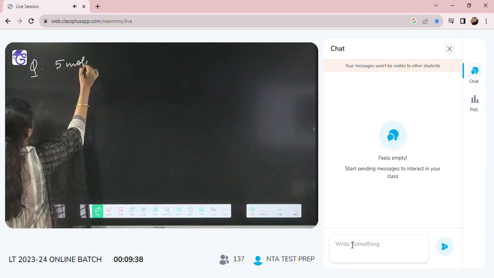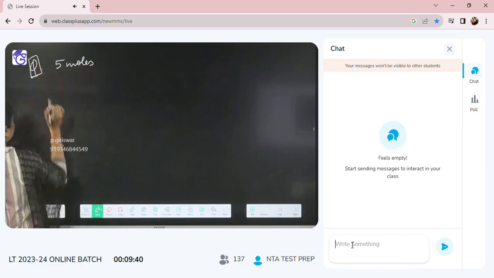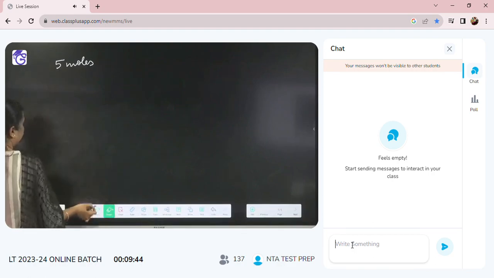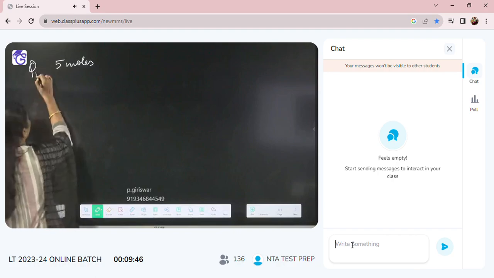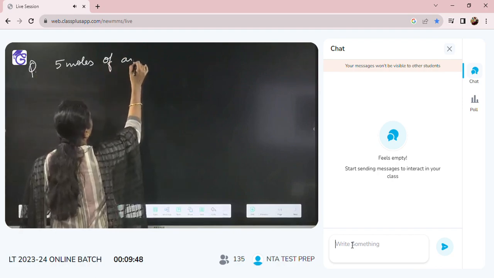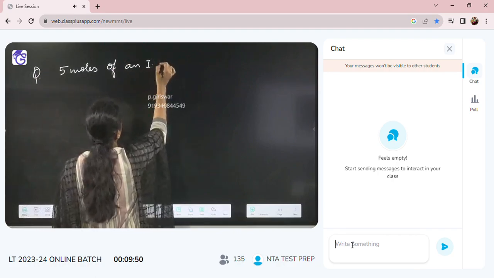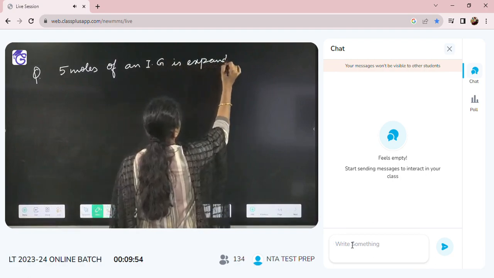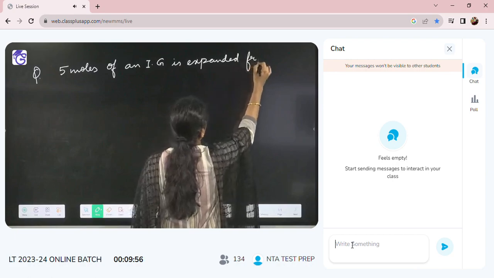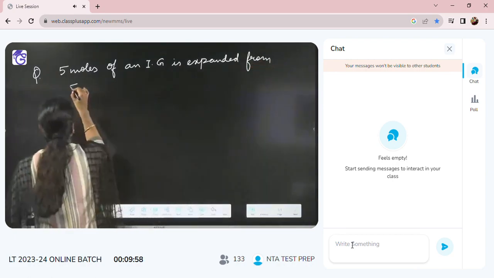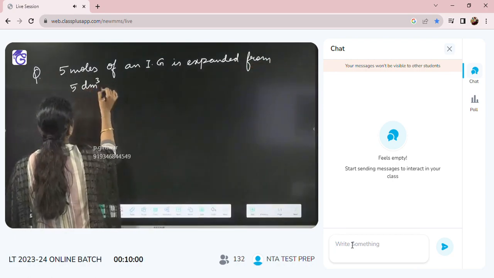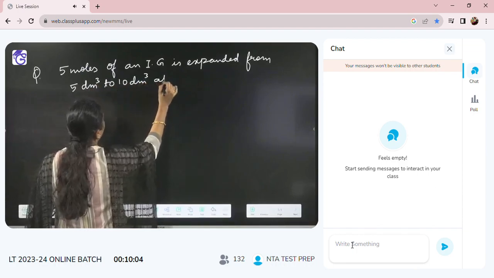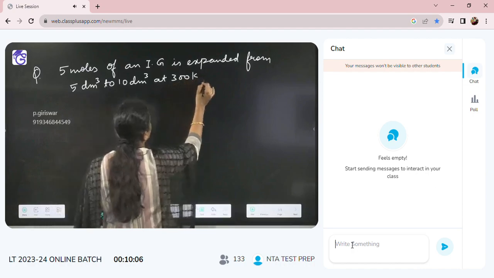5 moles of an ideal gas is expanded from 5 decimeter cube to 10 decimeter cube at 300 Kelvin.